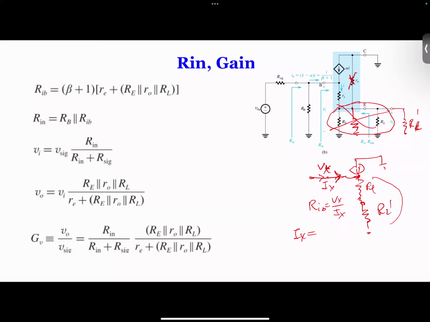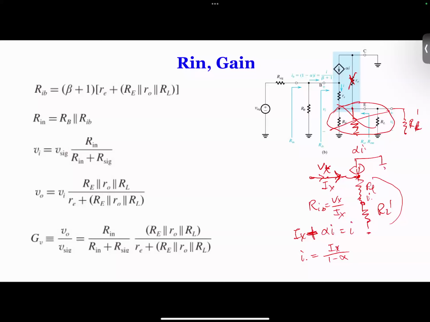So this is alpha times I, and this current over here is I. So you have alpha times I coming in. Actually, let's do it this way: you have Ix coming in, equal to I. So you have I equal to Ix divided by 1 minus alpha. Okay, so you'll find it like this.